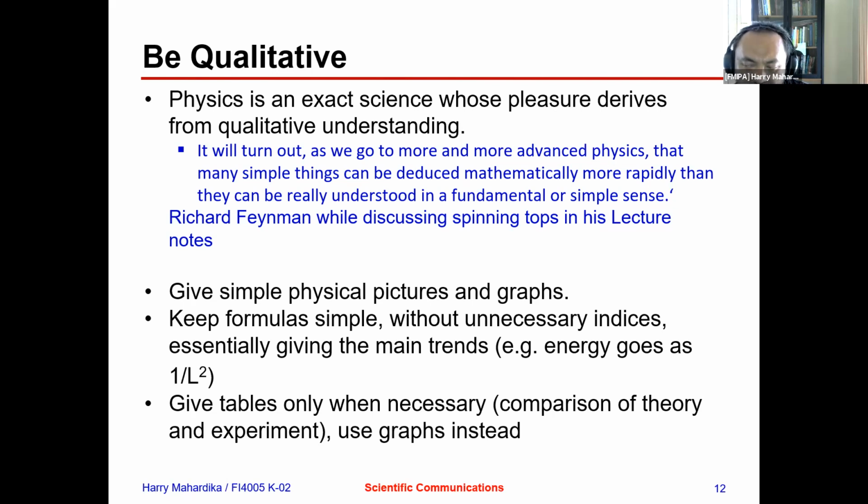Because if you are too quantitative, strict to the equation and data, probably the nuance or the talk itself becomes not interesting. If you are too strict with the equation, practice yourself to be more qualitative, which gives you the opportunity to explain a certain phenomenon using analogy or using examples that people see in their daily life.